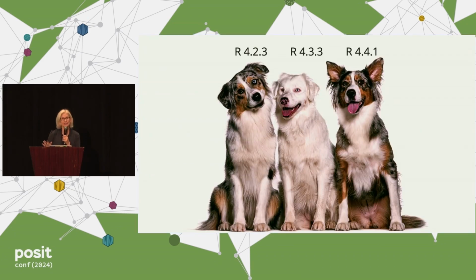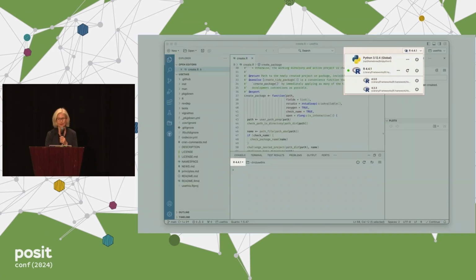Another super exciting feature that you saw earlier that is truly new for R users is that it's actually quite easy to have multiple versions of R living in harmony on your computer and to switch between them with quite a lot of fluidity. You'll be able to access that in this interpreter dropdown that we've shown you.